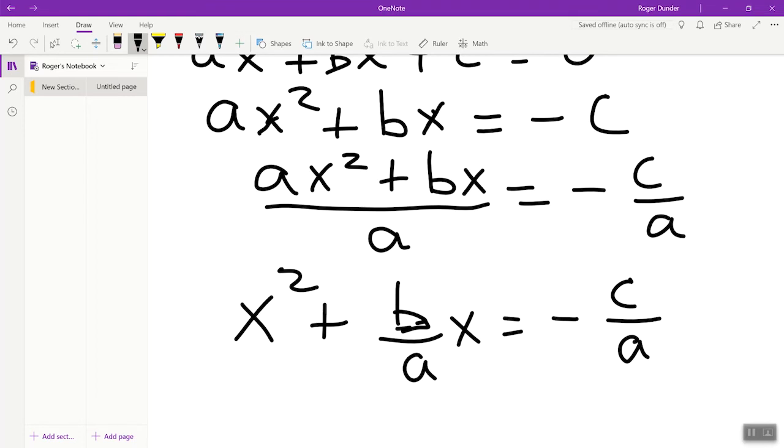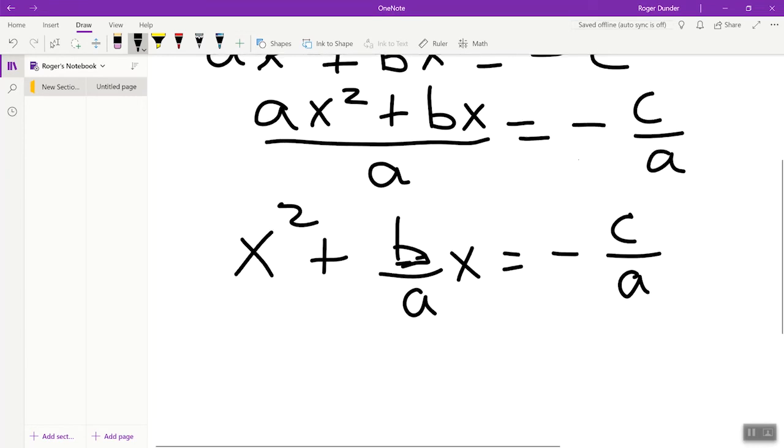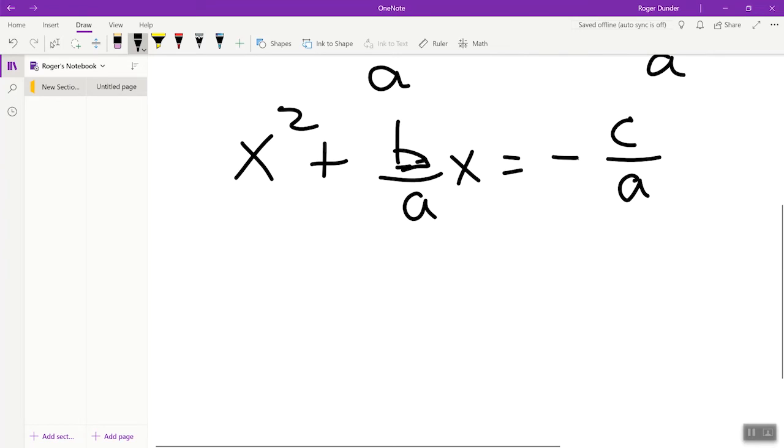Now, the third step was to do what? The third step was to add the square of half the coefficient of x to both the left and the right. So if you look at this, ask yourself, what is half the coefficient of x? Well, right now the coefficient of x is just b over a.